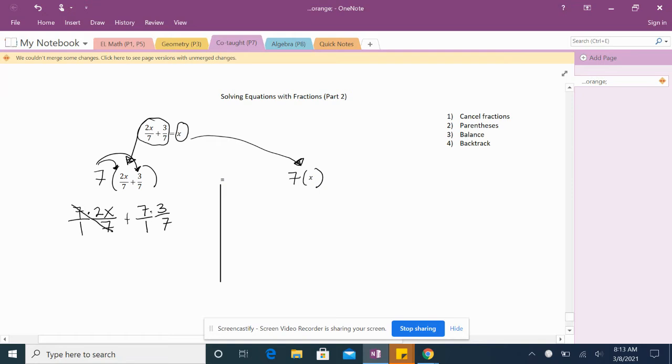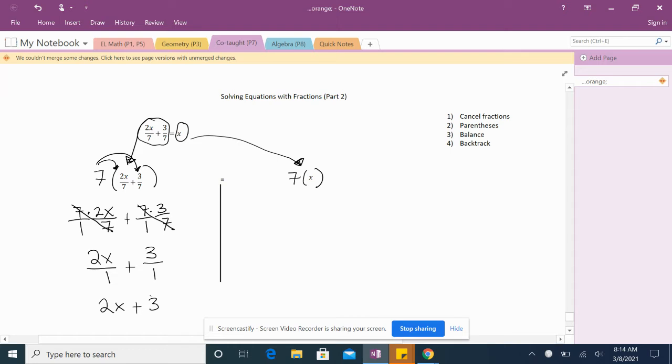These cancel, and we have 2x on top and 1 on bottom. And we have 3 on top and 1 on bottom. When dividing by 1, our top part does not change.